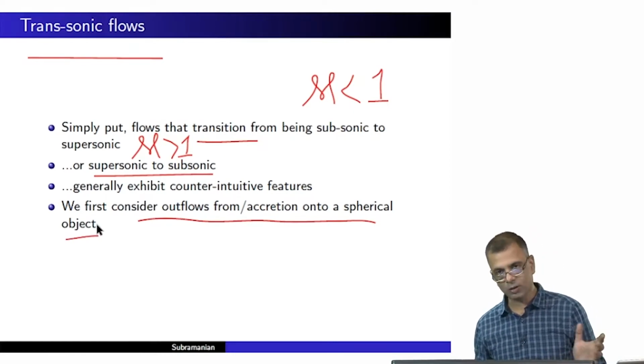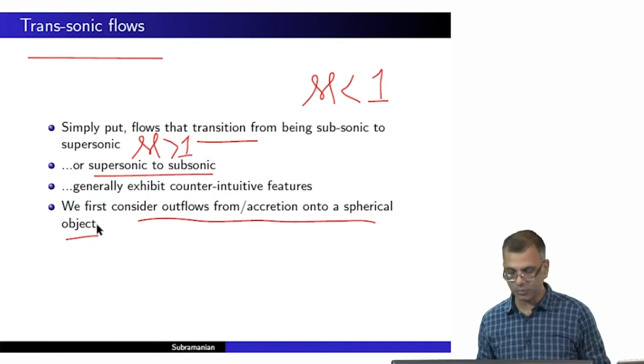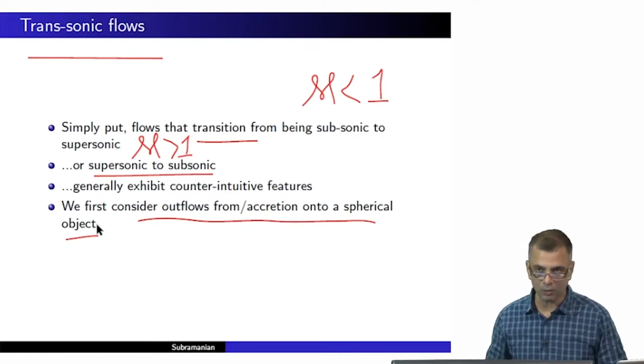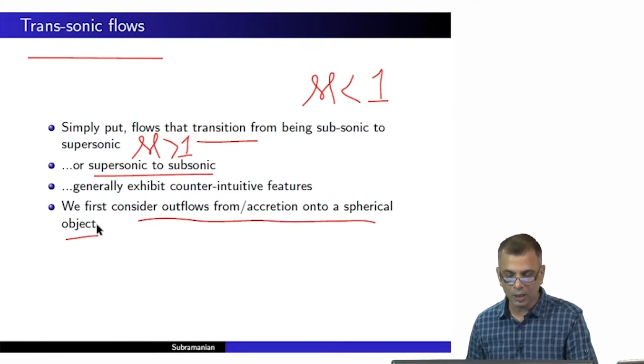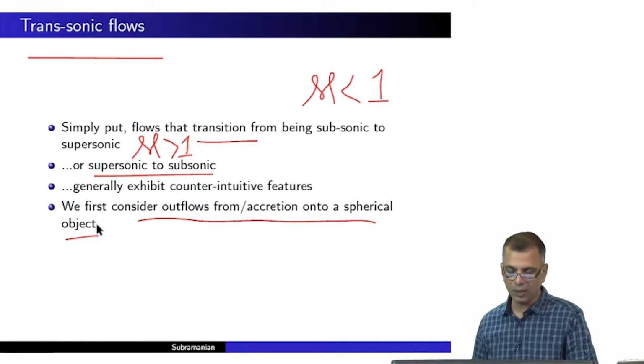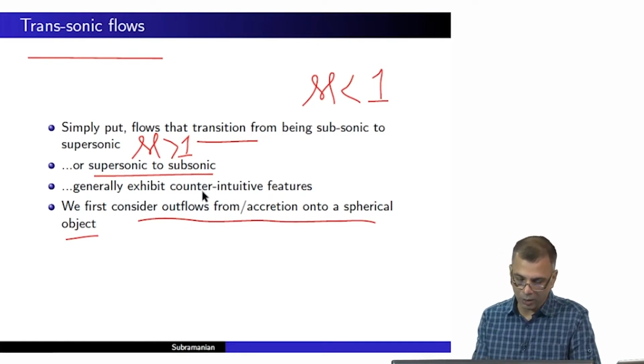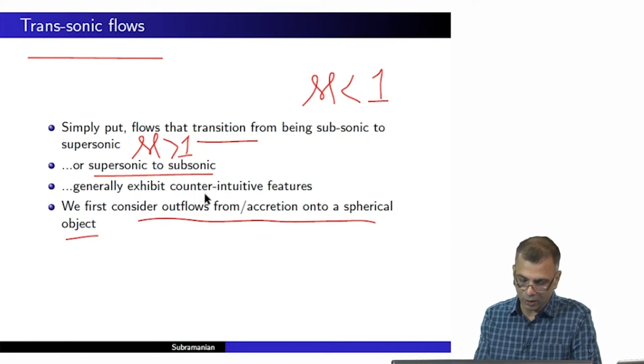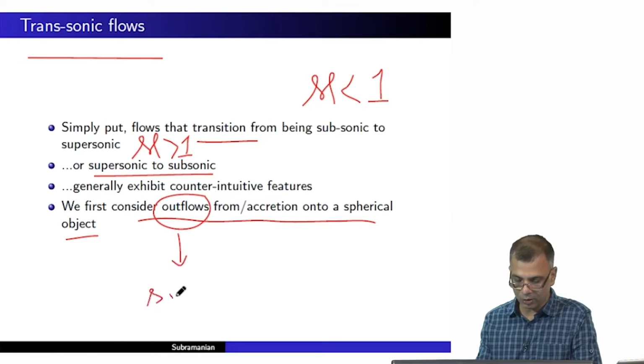Inflows and outflows, accretion onto a spherical object, and as we remarked the last time, the mathematics is exactly the same. When we are talking about outflows, the physical situation we will be considering is the solar wind.